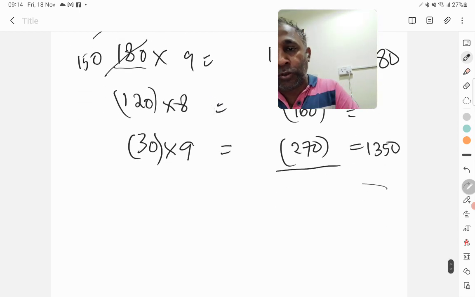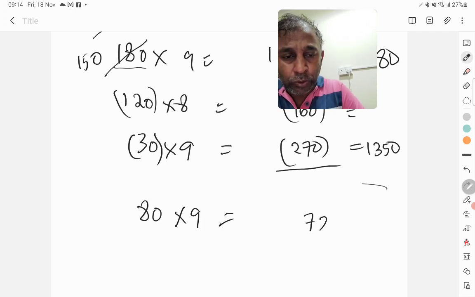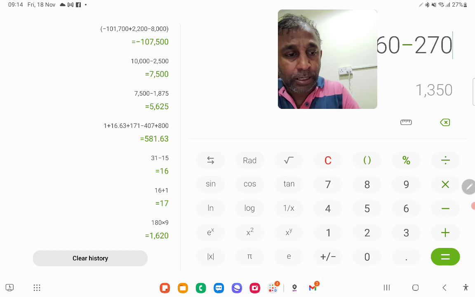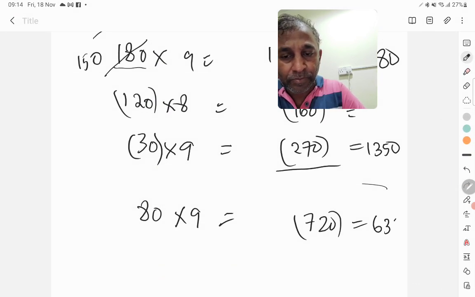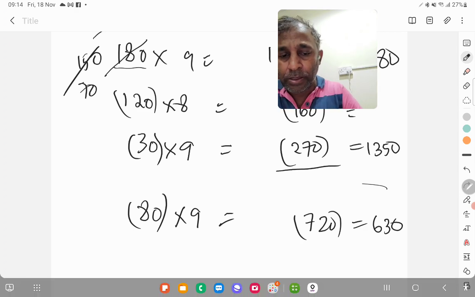So I need to issue 80, but I still have enough to issue 80 from this 180 collection. So this should be at 9, so that is 720. That means 1350 minus 720 is 630. So in this I am left with 70 now.